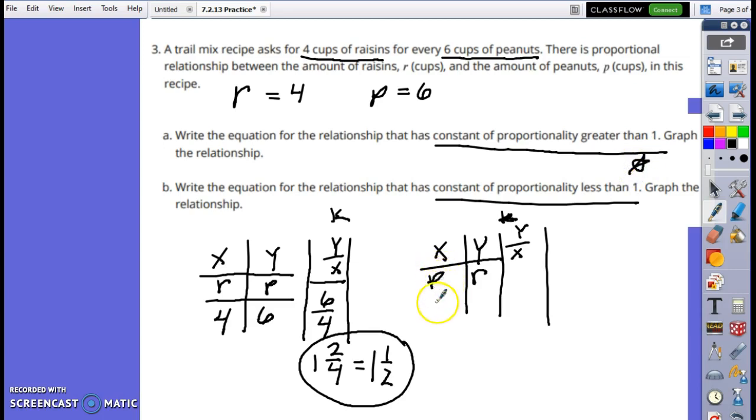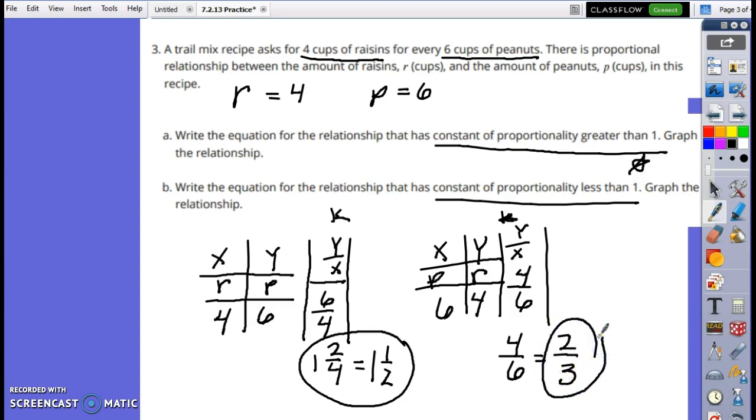Now I'm going to compare peanuts, 6, to raisins, 4. My constant is y over x, so we're going to find 4 over 6. 4 over 6 is equivalent to 2/3, and that is my constant for that relationship, and that is less than 1. When you go ahead and draw this out, you're going to have two different relationships.